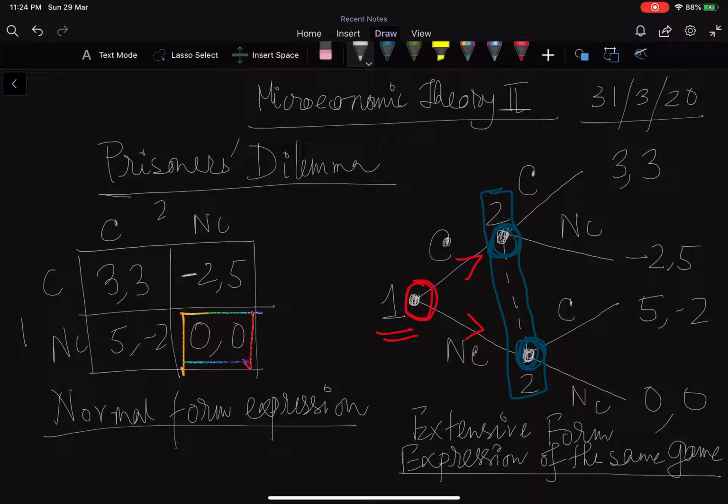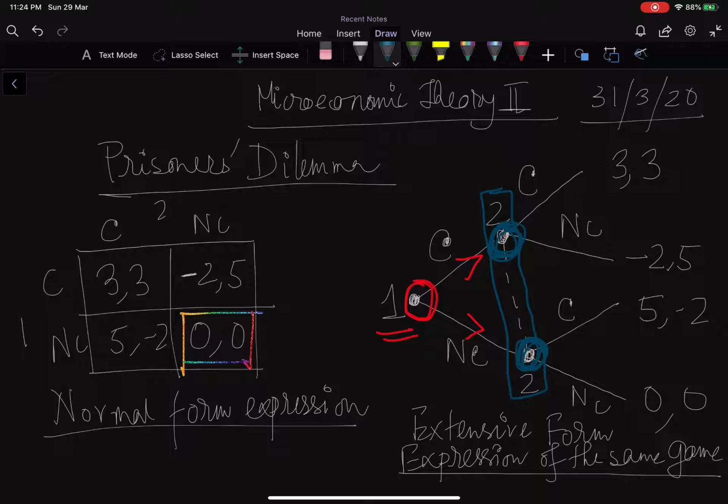So this set of two nodes is called one information set, and 2 is aware that it is sitting in that information set, but it doesn't know which specific node within that information set it is sitting on.